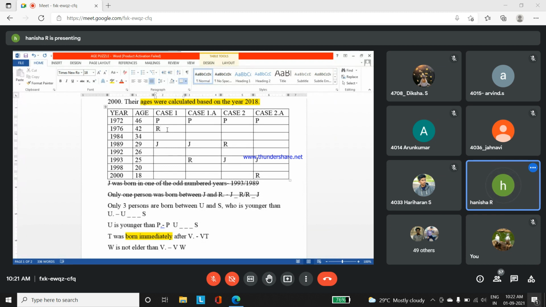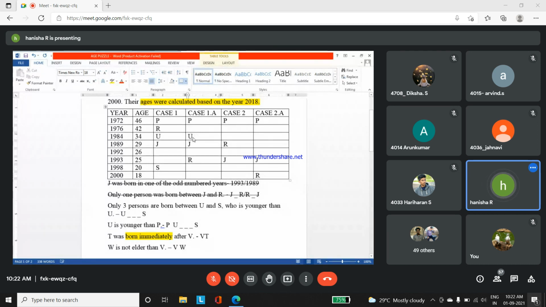So the next is you have U. After three positions, 1, 2, and 3, you have S over here. Similarly, you're going to do this for all the cases. Say for example, I'm giving U over here. After three positions, 1, 2, and 3, I have to mark S, but you have R already. In this case, you should not erase R and put S. There is a problem over there, so you cannot put U in this position.